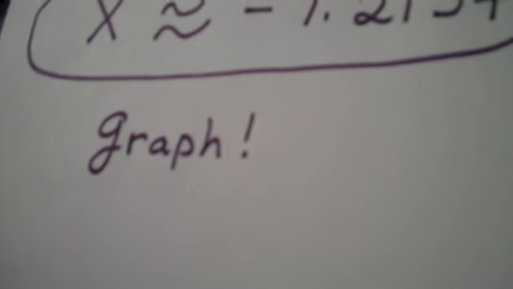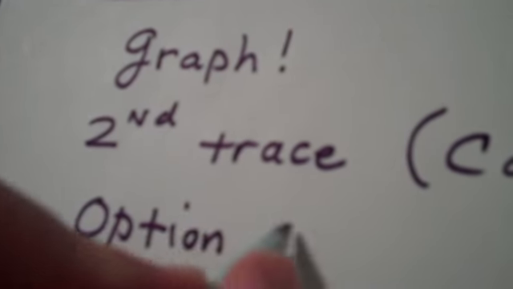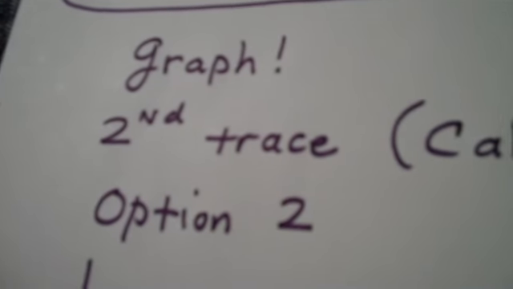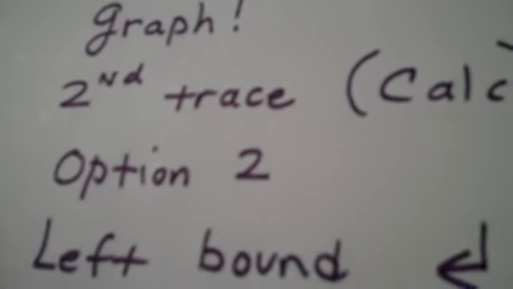So basically what my steps were, I drew the graph. I went to second function trace, which is really the calculate menu. And I picked option 2. I set my left bound and I hit enter.